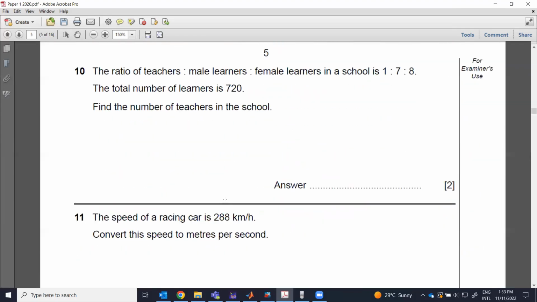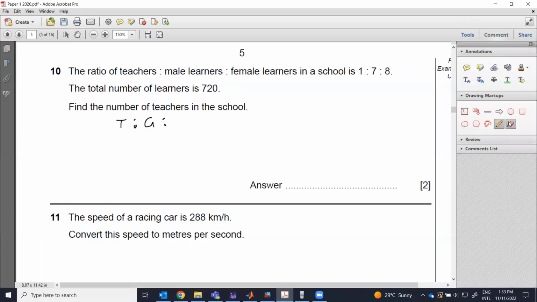Okay, then number 10. The ratio of teachers, male learners, female learners in a school is 1 to 7 to 8. The total number of learners is 720. Find the number of teachers in the school. Okay, so we have teachers, we have the girls, and then we have, no, sorry, I'm writing the ratio wrong.